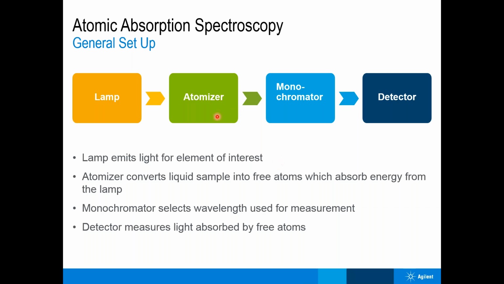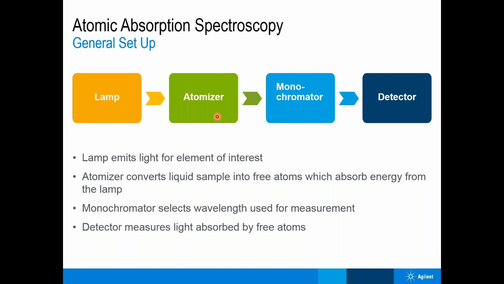The second part is the atomizer. You can also call it the sample introduction system. What is the role of the atomizer? The atomizer converts the liquid sample into free atoms which absorb energy from the lamp. When I'm talking about the lamp, here we mean the hollow cathode lamp, or HCL.